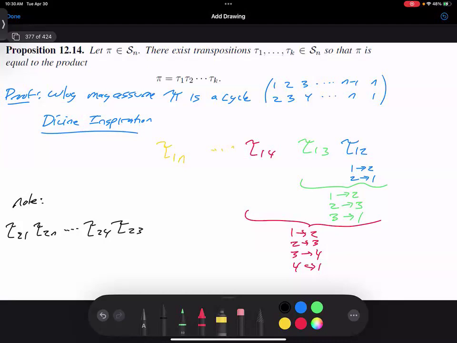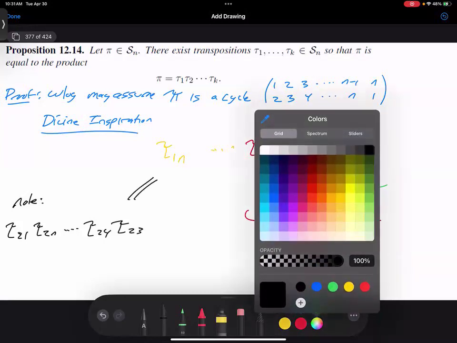Now notice in this, the two have the same length. Are you always going to have the same length? What do you think?